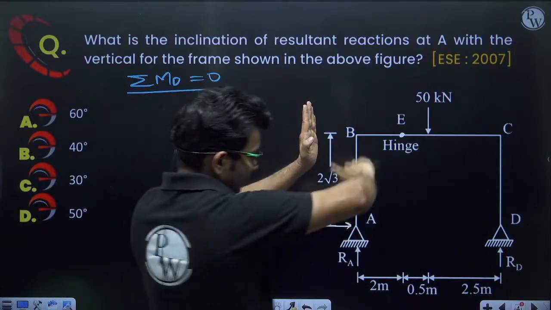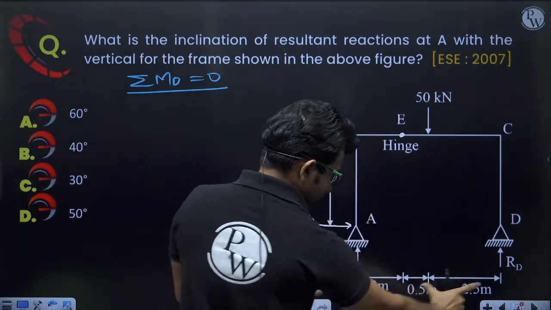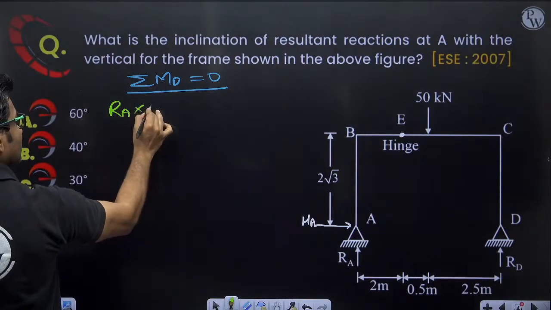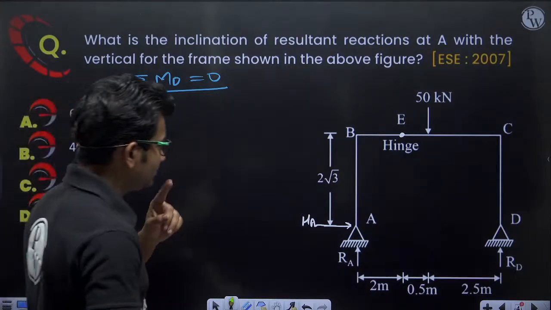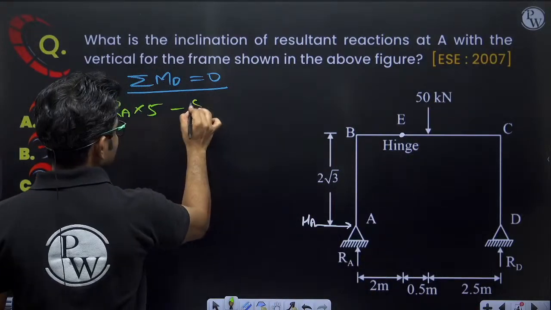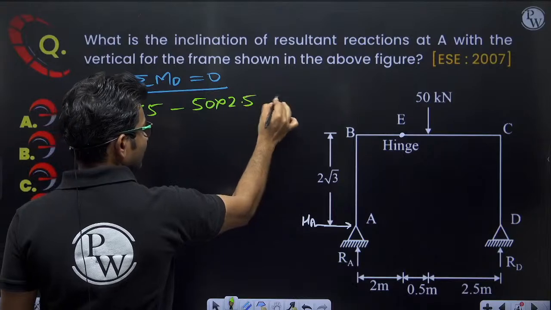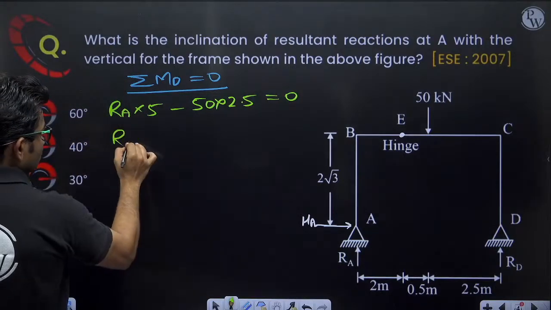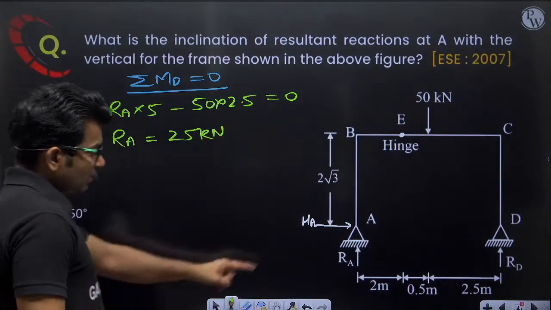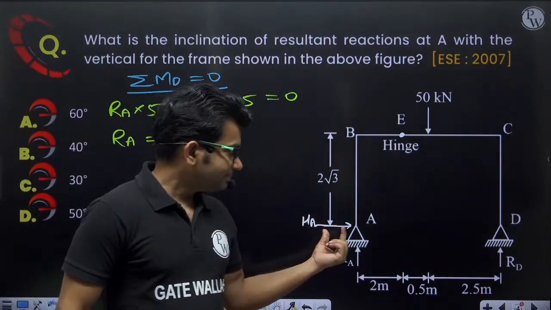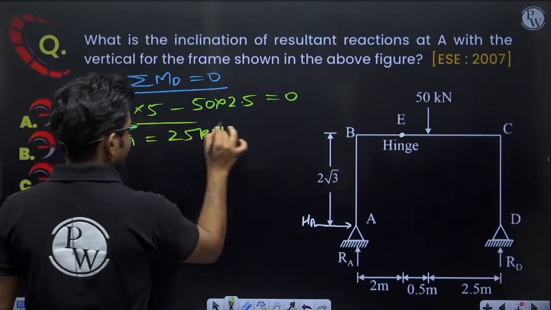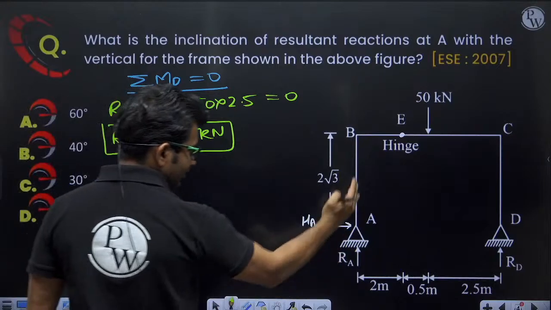RA into 2.5 plus 5 clockwise rotation, minus 50 into 2.5, will be equal to 0. So RA will be equal to 25, because the moment due to HA is 0. So RA is equal to 25 kilonewton. This vertical reaction at A we have found.